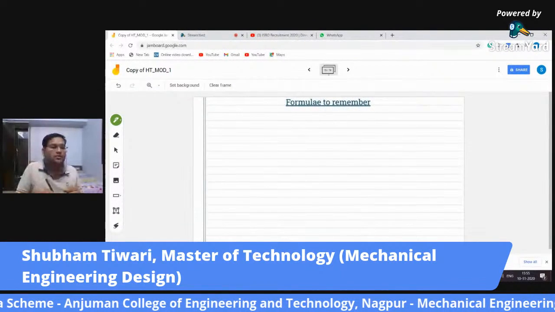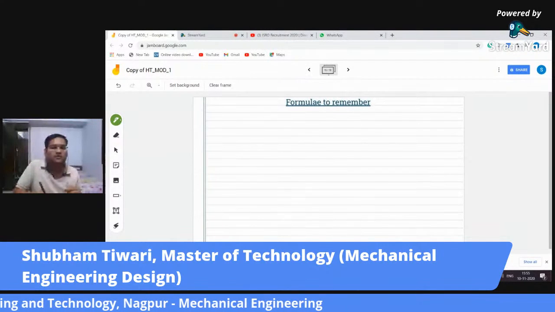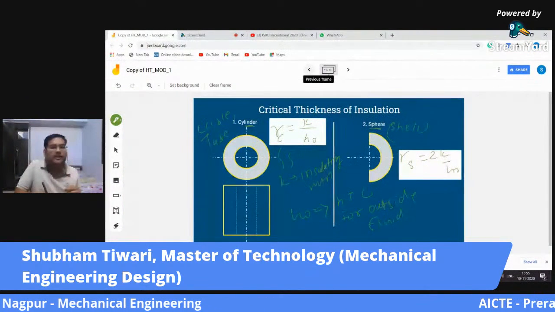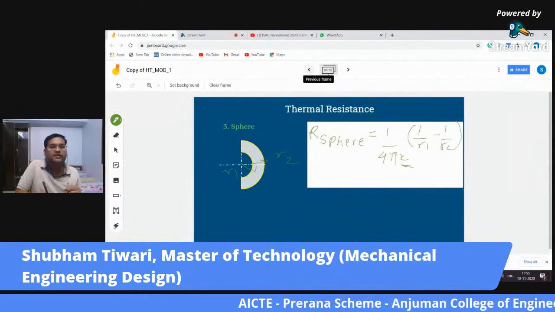Okay, now what were the important formulas that we have to remember? Let's go back to the earlier slides, what we had studied in this session.